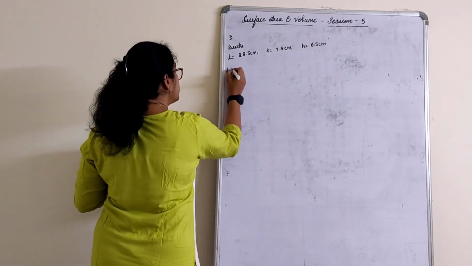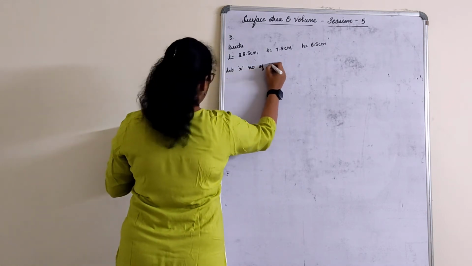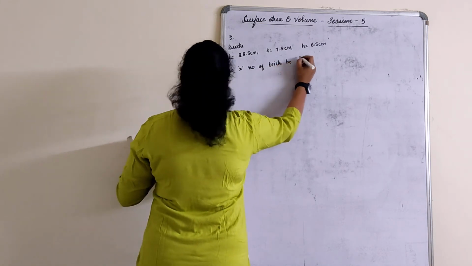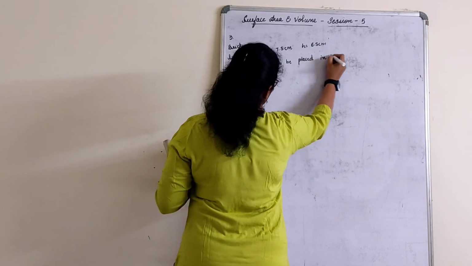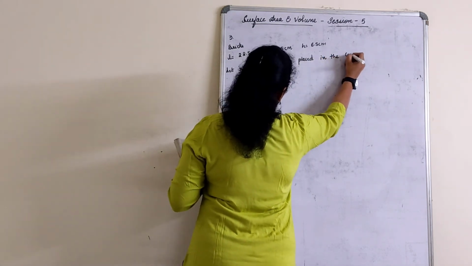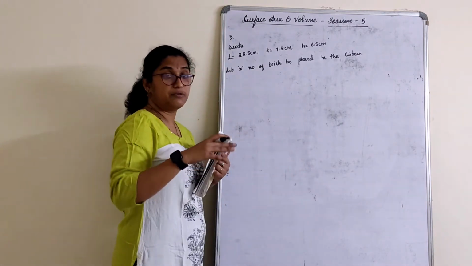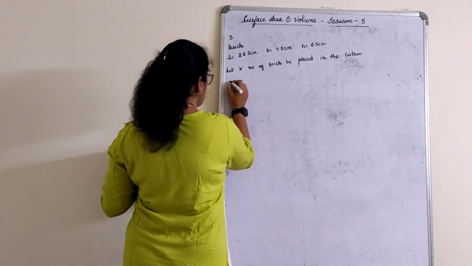Let X number of bricks be placed in the system, because we don't know, we need to place some number so that it will not overflow. Let X number of bricks be placed in the system.